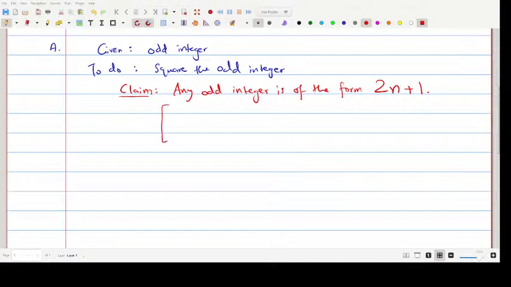Just for the sake of convincing ourselves, we can take, let's say, n is equal to 1. If you substitute n equal to 1, then 2n plus 1 will be 2 times 1, that is 2, plus 1, that gives us 3. Let's take n equal to 124.